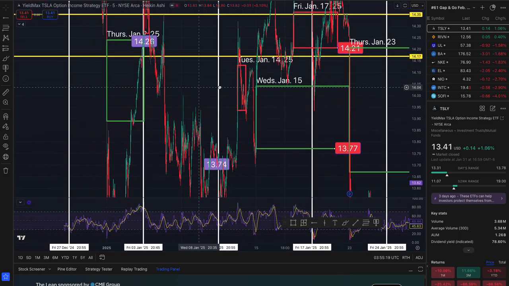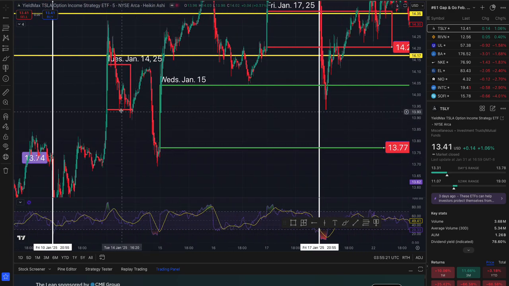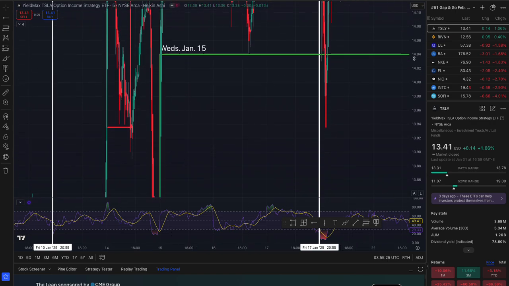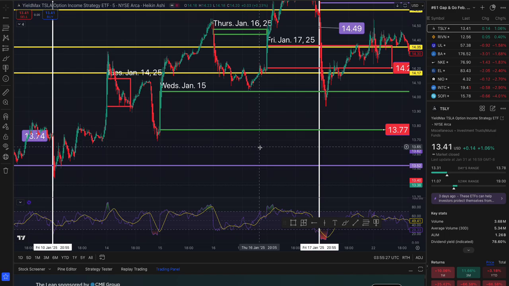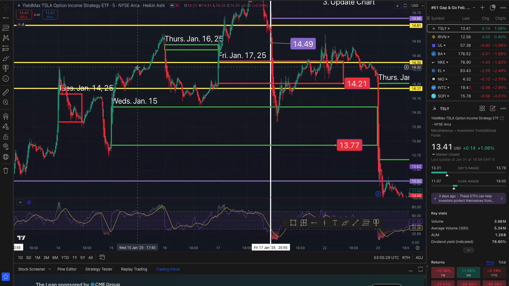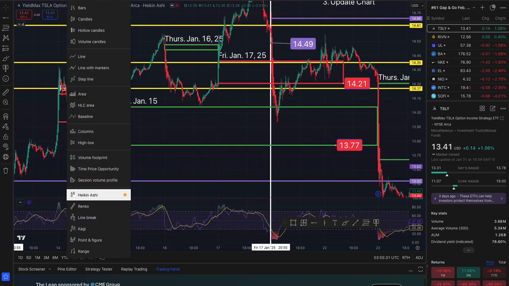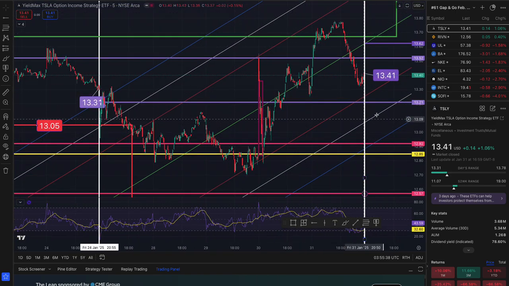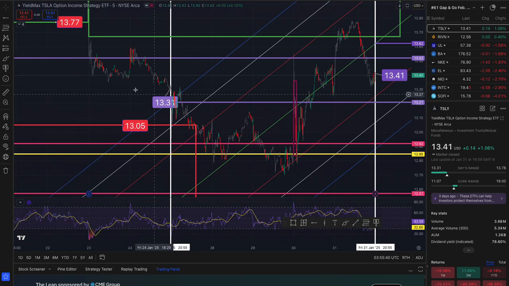So right about there. So I will clean that up. It looks like it touched, but if you make that larger, no, it did not. And right now I have the candles on the Heiken Ashi, but if you want to see the gaps that are formed, switch it over.